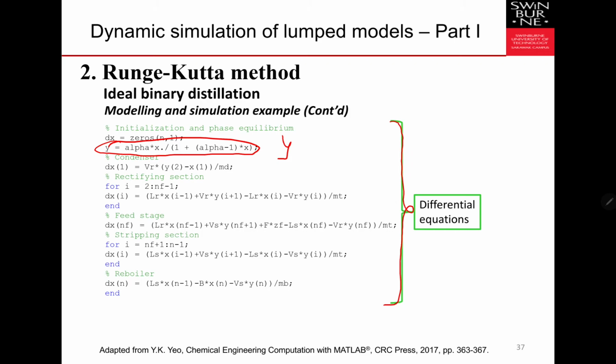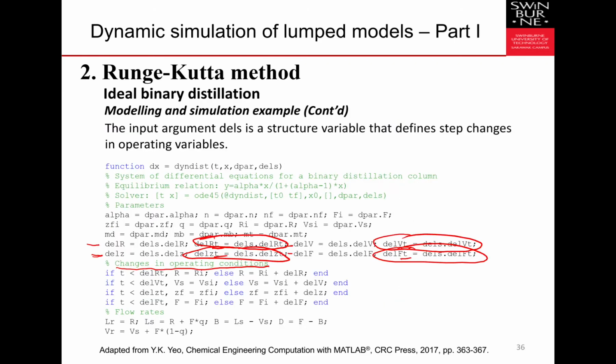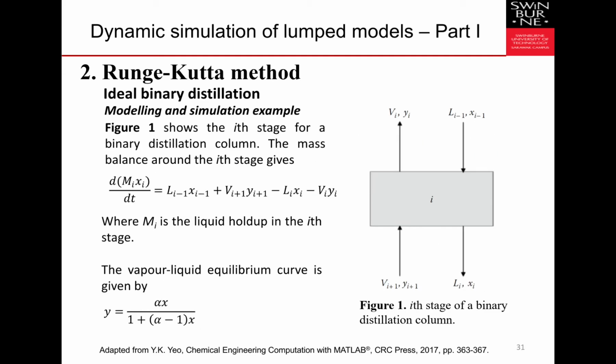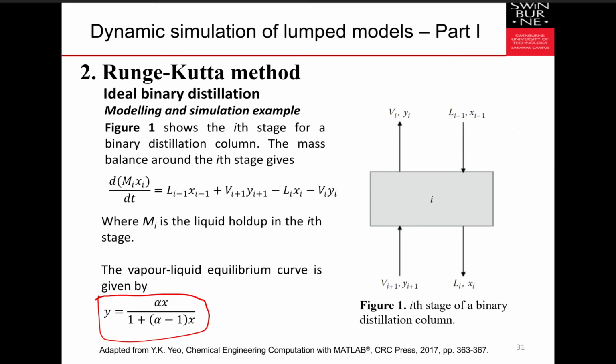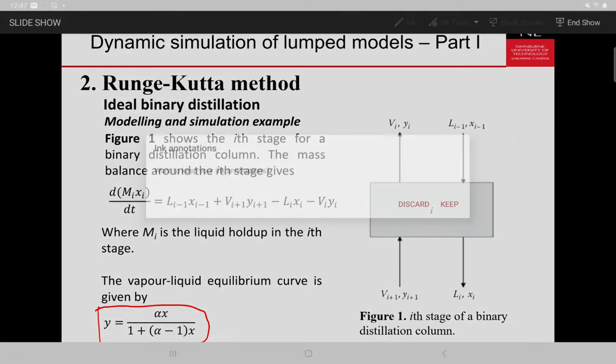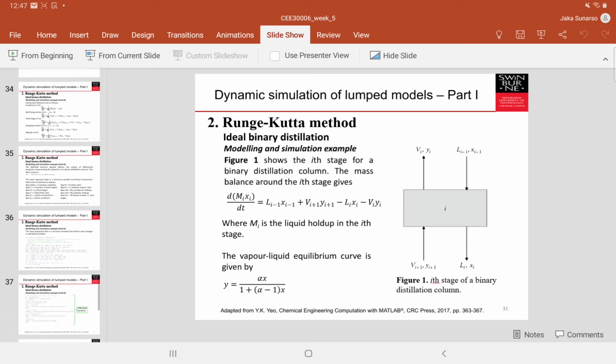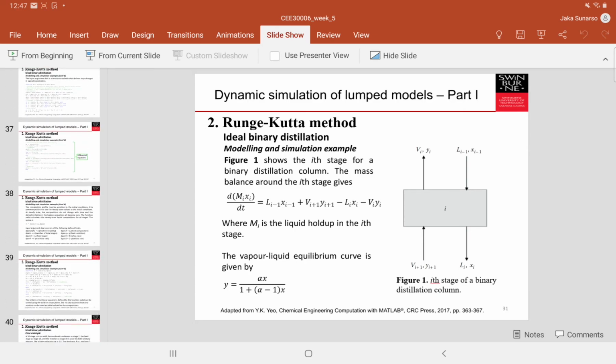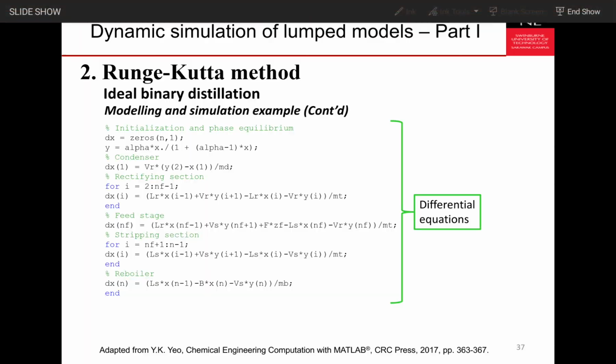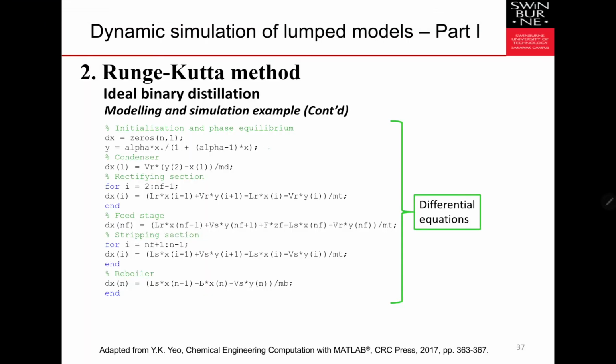You see in the first slides, these equations in here, right? And then once we start from here again, this one, and then the condenser, rectifying section, feed stage, stripping section, and reboiler.